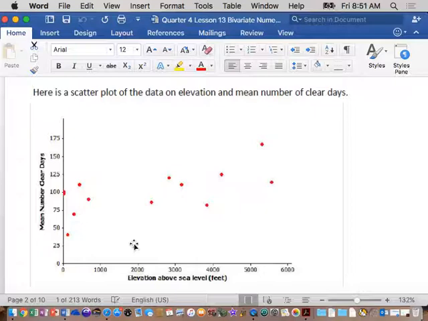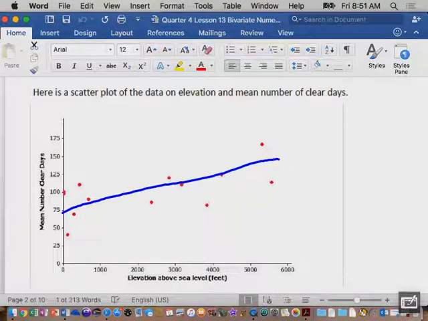So for instance, this point here is an elevation of a little more than 5,000 and a little more than 175 clear days, okay? So apparently, the higher elevations... can you see that if I was to draw a line of best fit, I hope you remember what that is. Line of best fit pretty much goes through the middle of it.